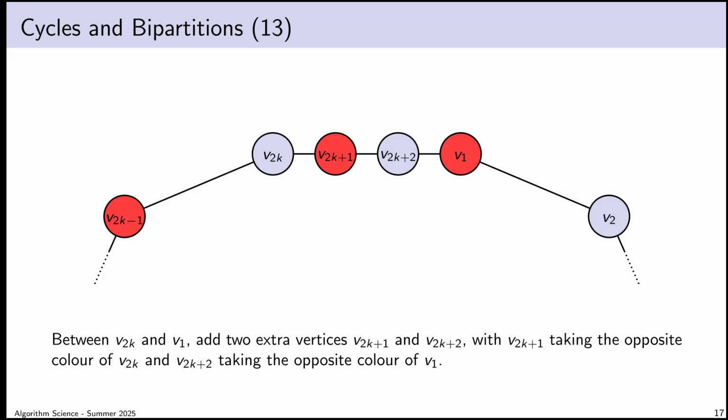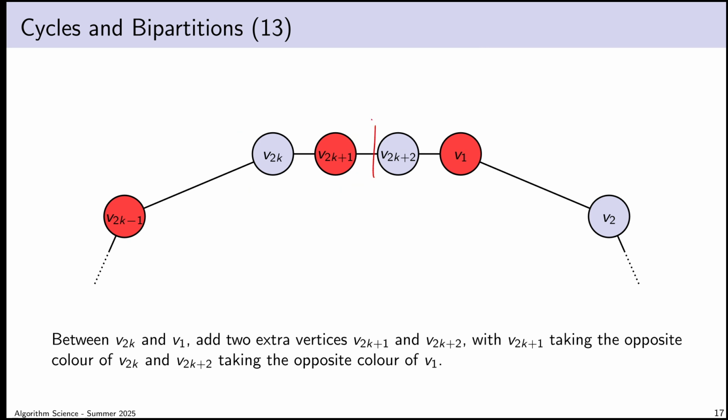Now, by asserting this, what I'm saying is that, of course, what I want when I'm done is a two coloring of C2K plus 2. And so I'm trying to define the colors in a way that forces that to be the case. If V2K plus 1 has the opposite color of V2K, then the two coloring is preserved for these two vertices.